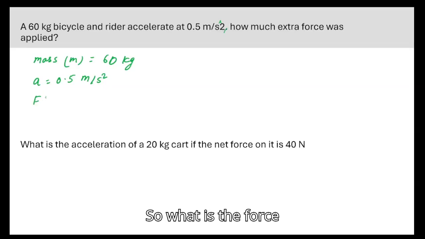So what is the force applied on the object to have an acceleration of 0.5 meter per second square?